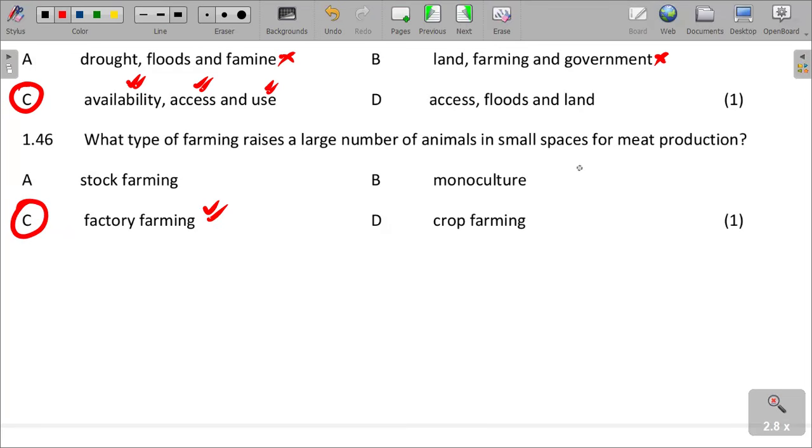Monoculture, I said, is growing the same crop over and over again. And then crop farming is something, stock farming. So we are saying it is called factory farming.